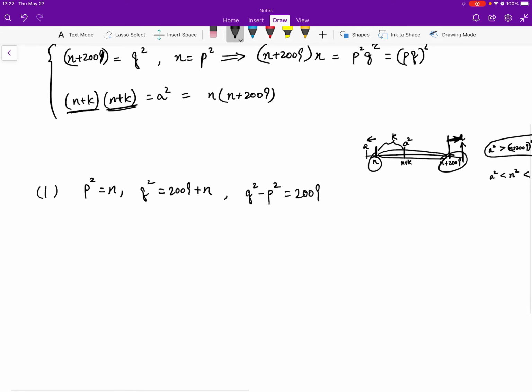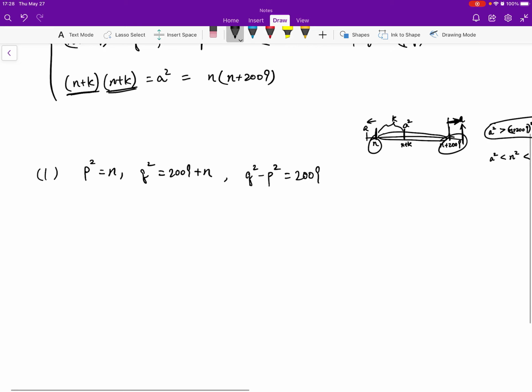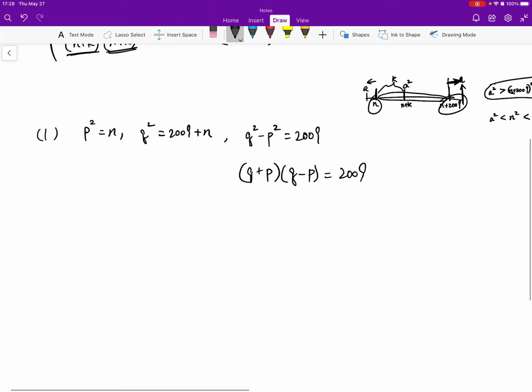And of course, when you see that, you're going to think algebra: q plus p times q minus p equals 2009. And immediately you see that 2009 is a prime number, so for q plus p and q minus p, there would only be one solution. This is 2009 and this is 1.